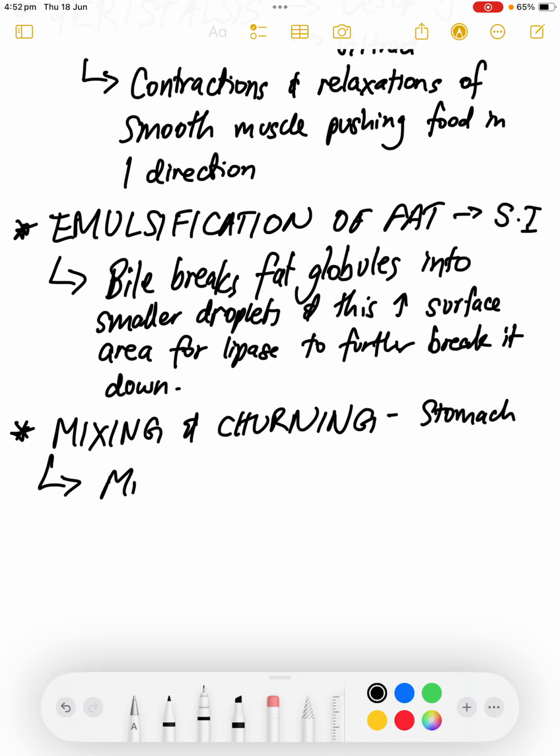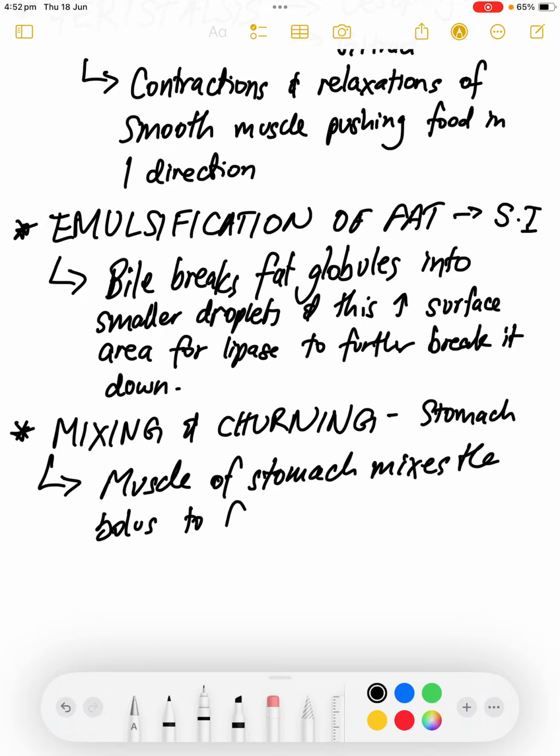So, the muscle of the stomach mixes the bolus to form a chyme, which is more of a liquidy paste.